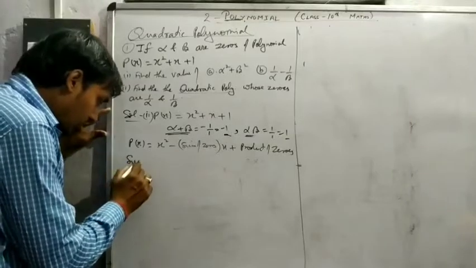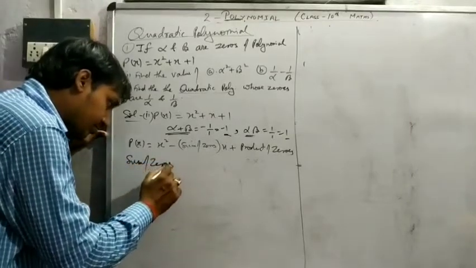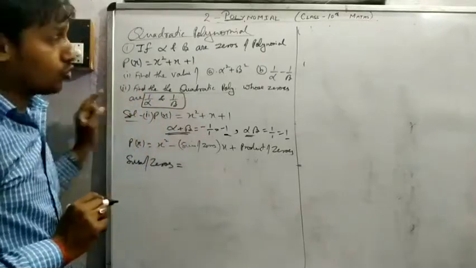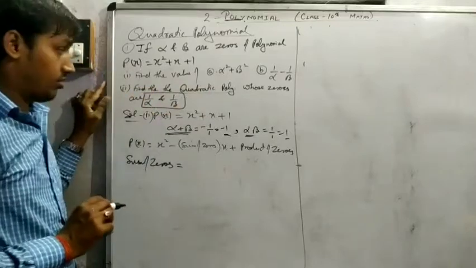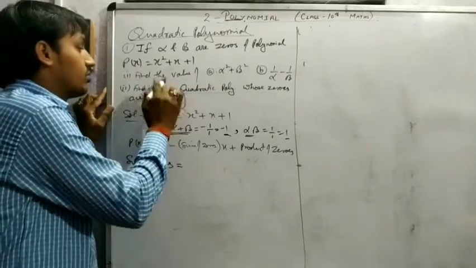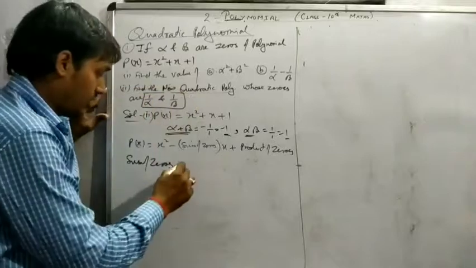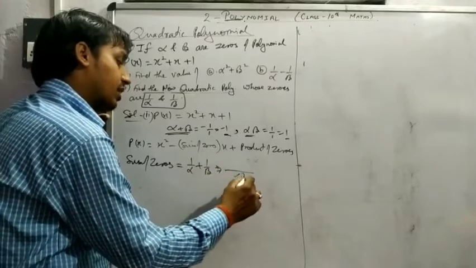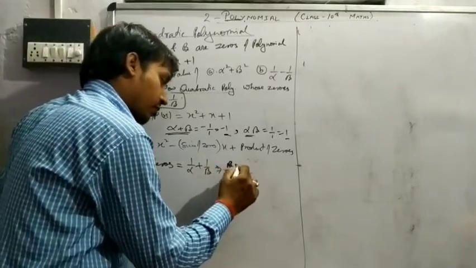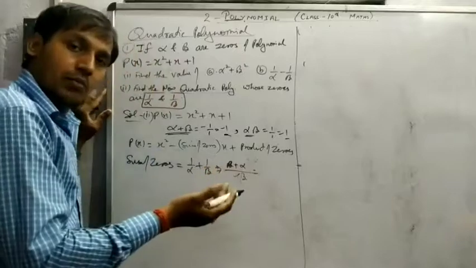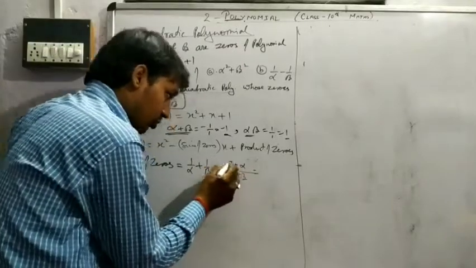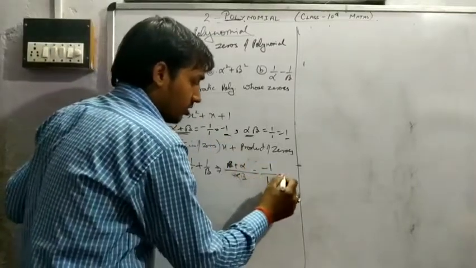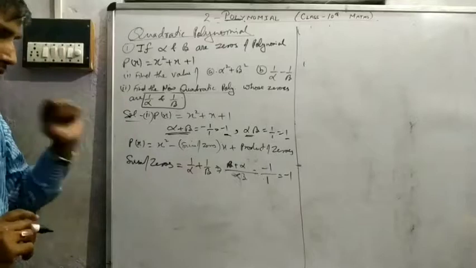So sum of zeros, that means the sum of the zeros that we have for the new polynomial: 1 upon alpha plus 1 upon beta, take the LCM alpha beta, that is beta plus alpha, alpha plus beta or beta plus alpha both same, so put the values. Alpha plus beta is equal to minus 1, that is 1, so minus 1, that is sum of zeros.